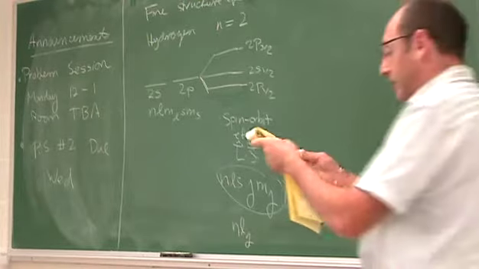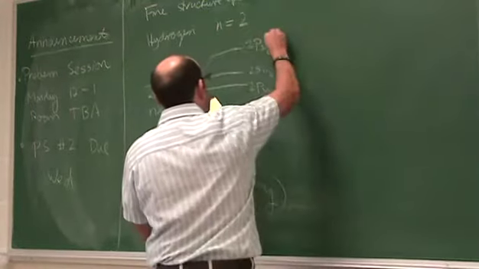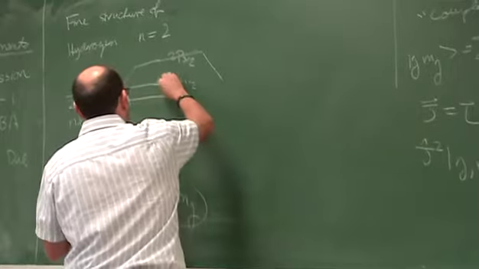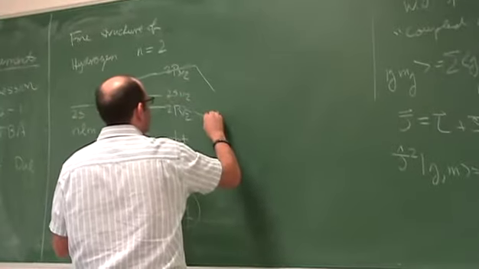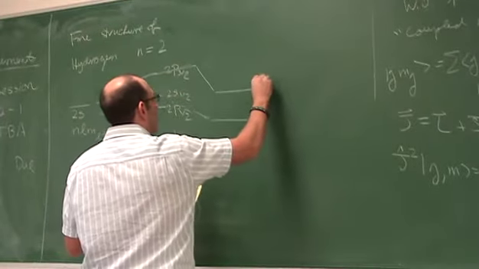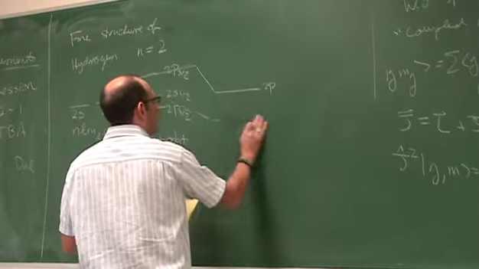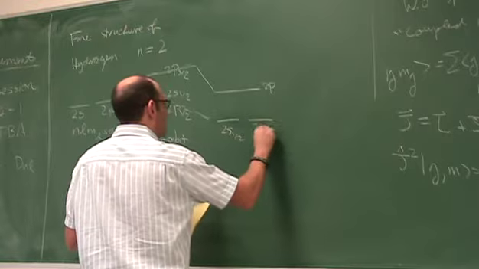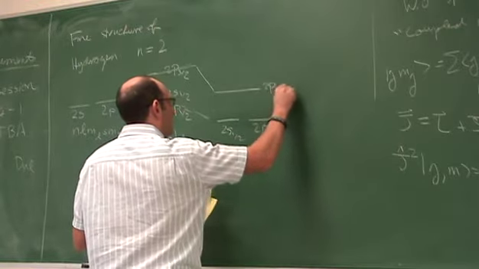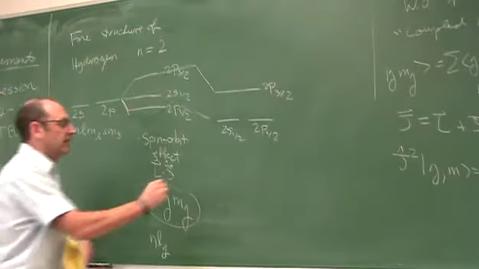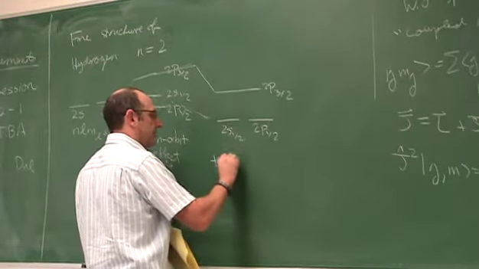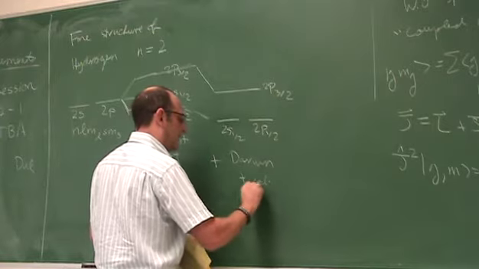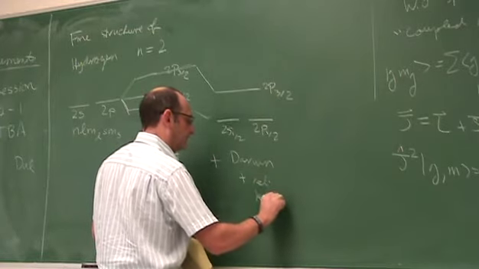And we found that when we put all that stuff together, this stuff shifted, and these guys shift together, and we have this plus Darwin and relativistic kinetic energy.